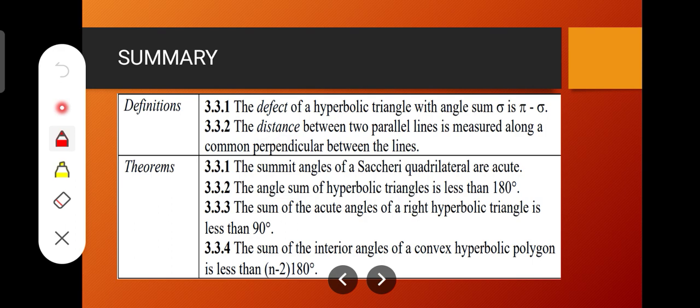Then 3.3.4, the sum of the interior angles of a convex hyperbolic polygon is less than the quantity n minus 2 times 180 degrees. So, for a convex hyperbolic polygon, the sum of its interior angles does not exceed the quantity n minus 2 times 180 degrees, but is always lower.